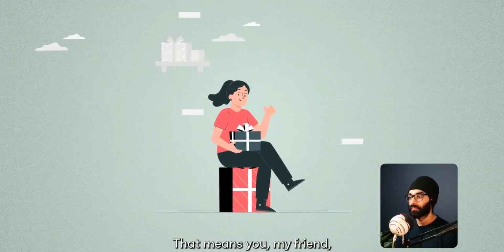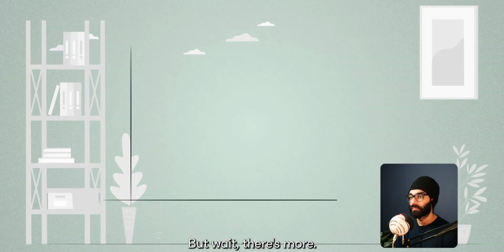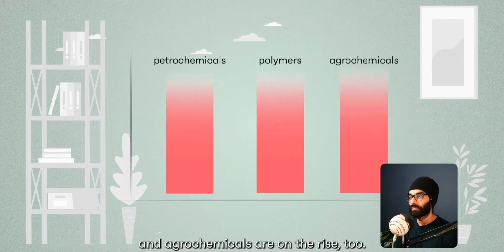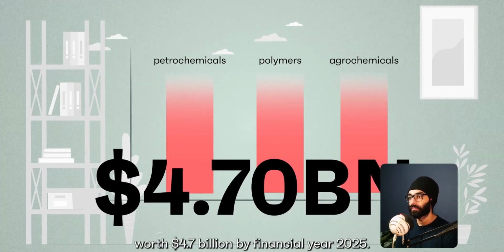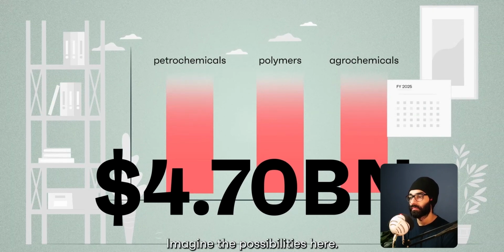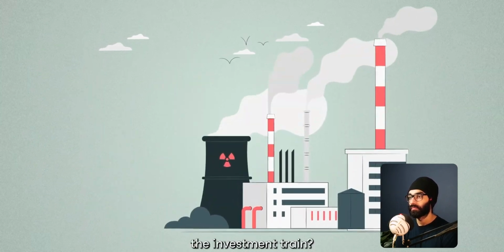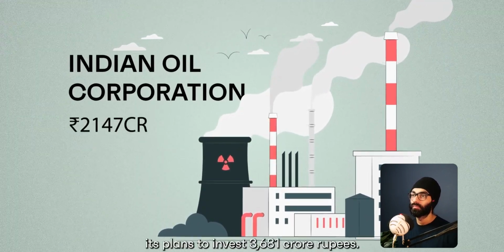That means you, my friend, can reap the rewards too. But wait, there's more. Petrochemicals, polymers, and agrochemicals are on the rise too. We're talking about a potential market worth $4.7 billion by financial year 2025. Imagine the possibilities here. And guess who's hopping on board the investment train? Indian Oil Corporation. It has already shared its plans to invest.